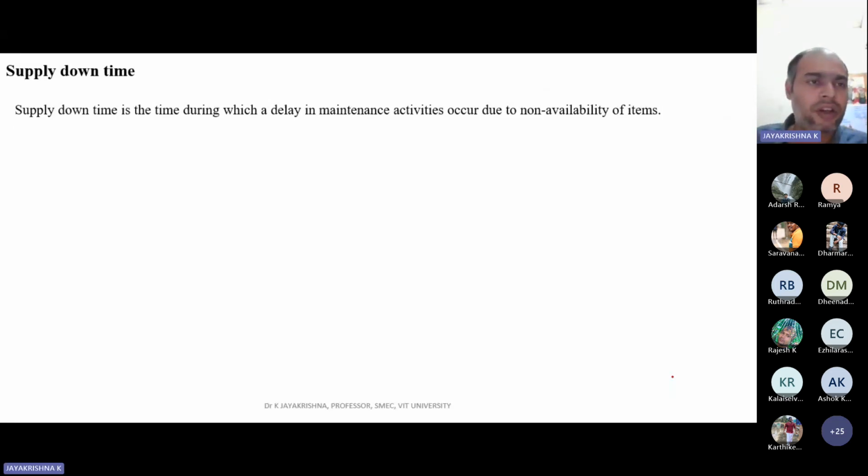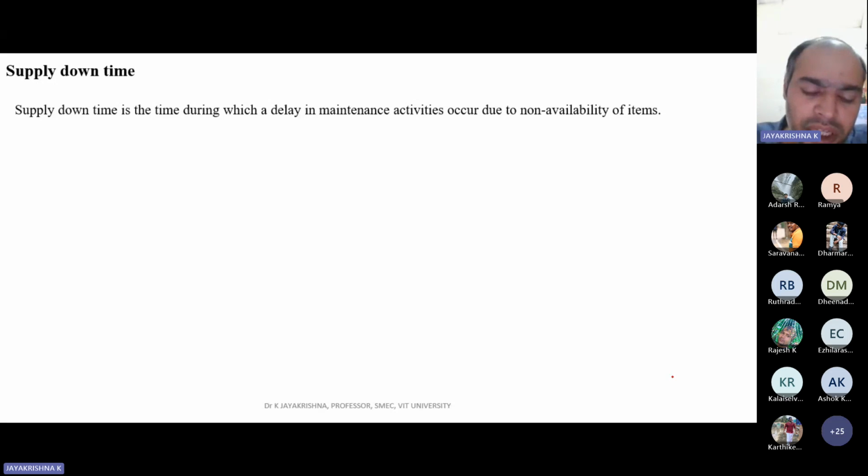Then we are going to see the next concept of supply downtime. What is supply? Supply of products, supply of items. When you're doing a maintenance activity, your upstream activity will not be able to satisfy the demands of the downstream, because the downstream activity depends on the upstream activity.